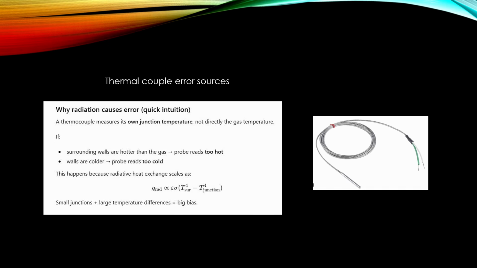One typical problem when we are measuring with thermocouples in hot gas environment is the error coming from radiation. If the surrounding walls are hotter than the gas, then the probe reads too high values. And if the walls are cold, then it means that the probe reads too cold.